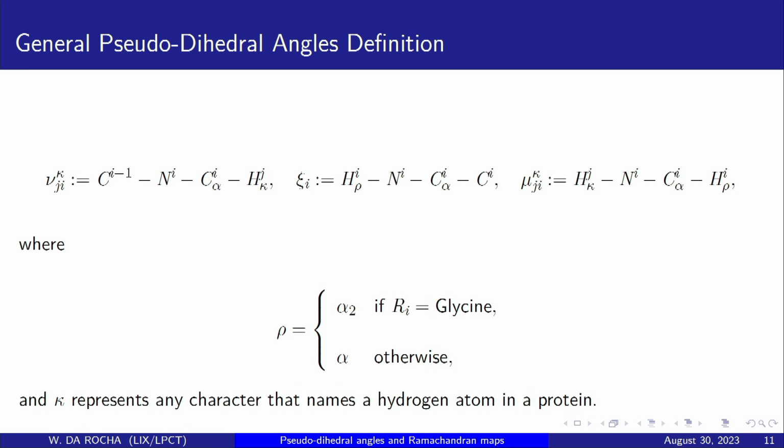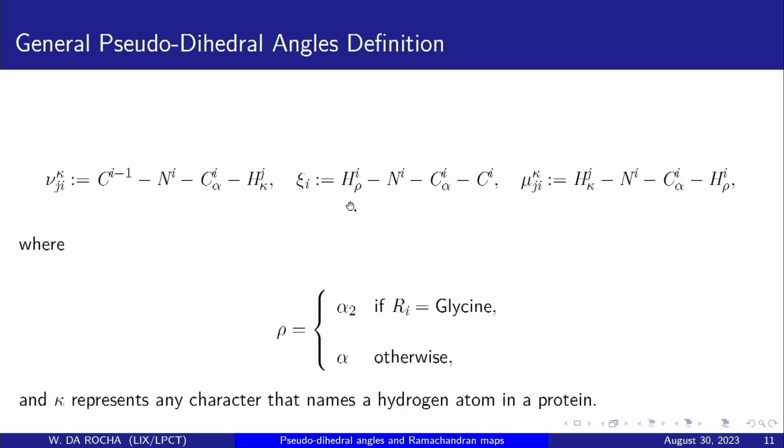But in order to get those two representations in one formula, we generalize the definition. Then we have these three pseudo-dihedral angles again.